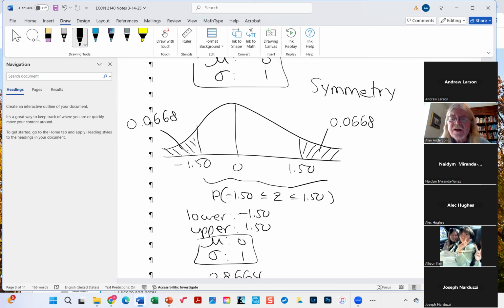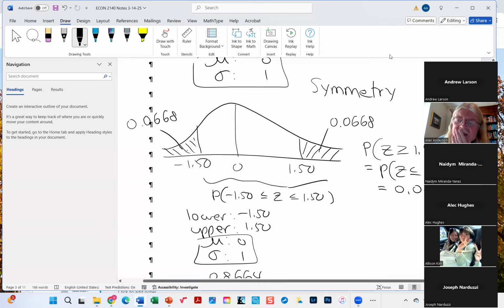So based on that logic, it stands to reason that the probability of being above 1.5 equals the probability of being below negative 1.5. And they both in turn equal 0.0668.